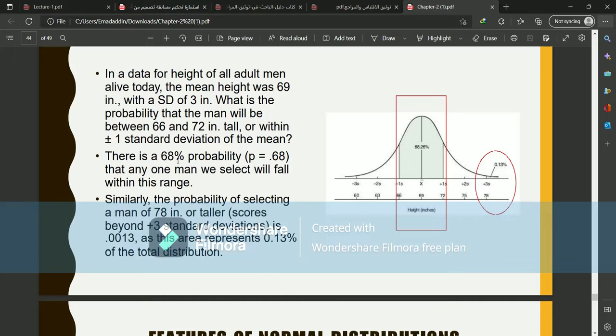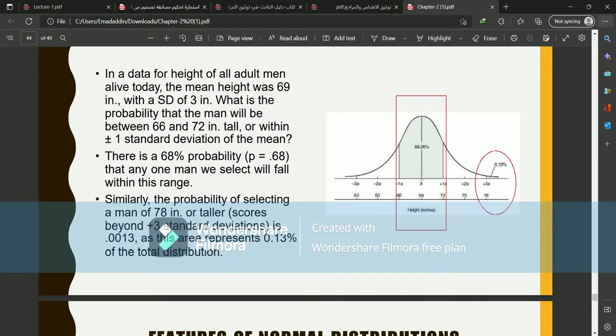There is a 68% probability, p equals 0.68, that any one man we select will fall within this range.